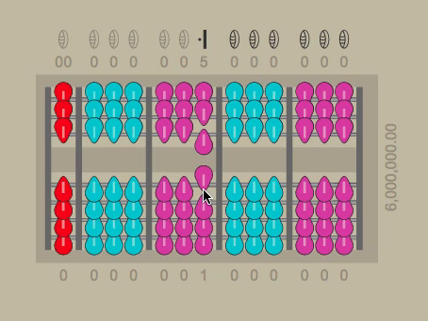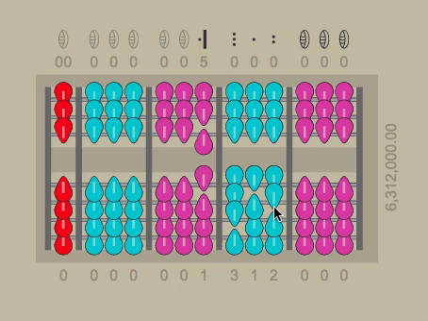I had 312,000, so I need 300,000s. I need 1 unit of 10,000, 2 thousands. I don't need any hundreds, but I do need 2 tens to give me 20, and 3 units of 1. And that should give me 6,312,023.